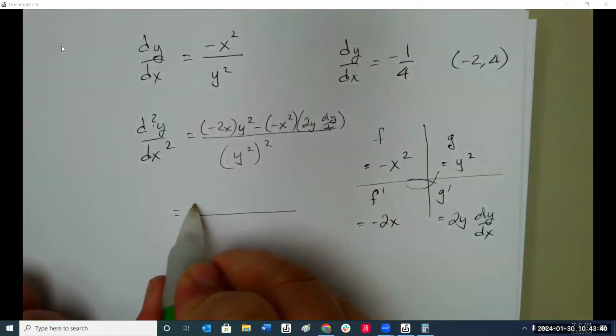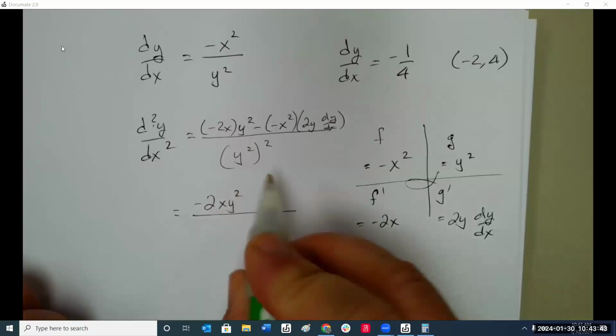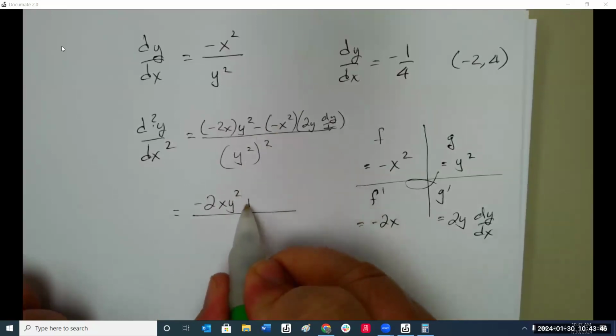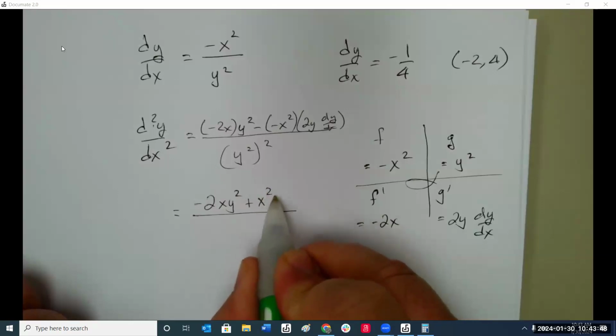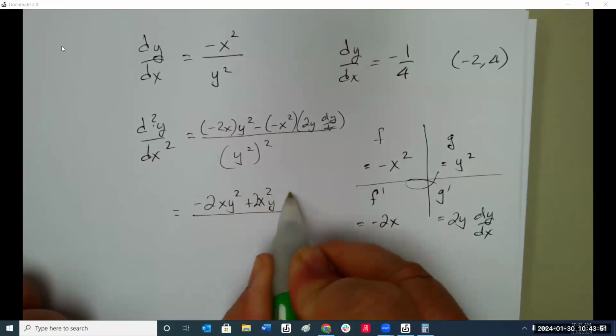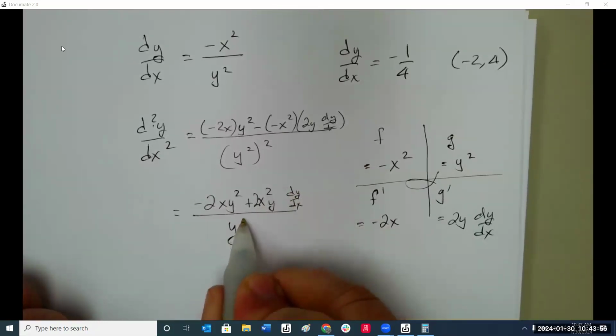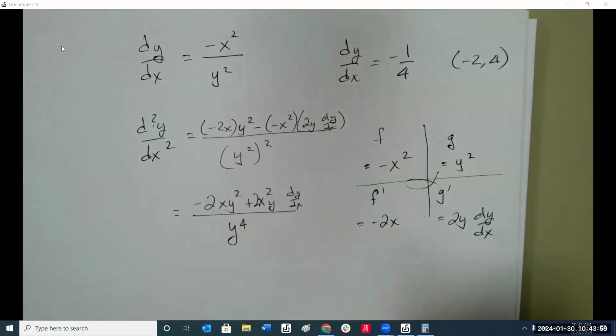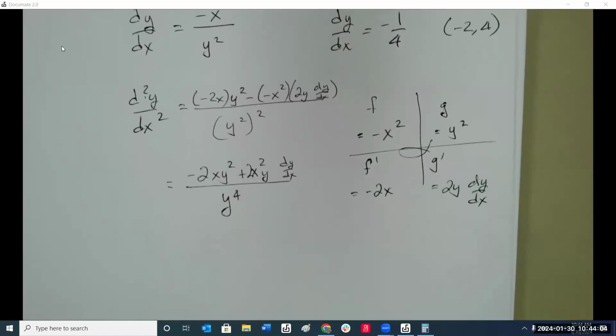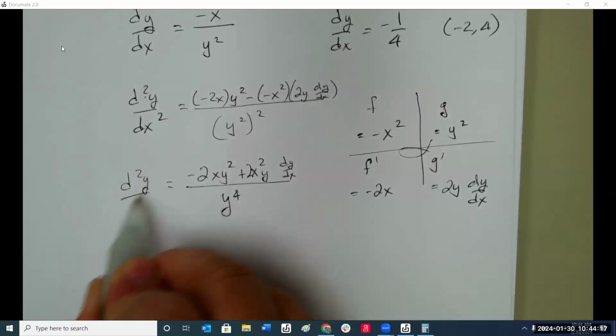So on top, we have negative 2xy squared plus x squared times 2y dy/dx, over y to the 4th. So that is our formula for it.